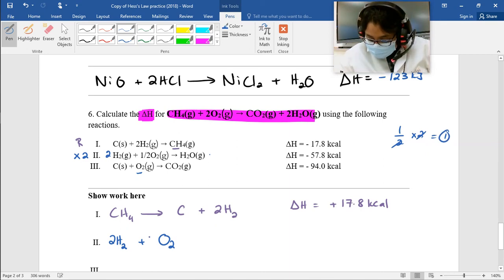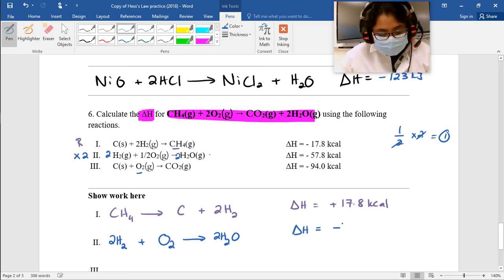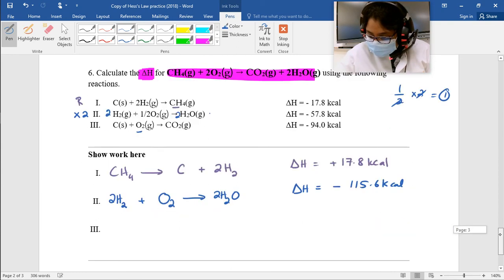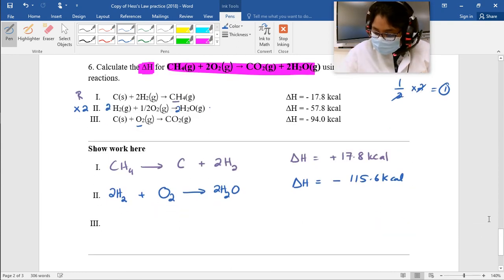So that's why I have one O2 there. And then I'll have two H2Os. Then delta H becomes negative 57.8 times 2, which gives me 115.6 kilocalories.